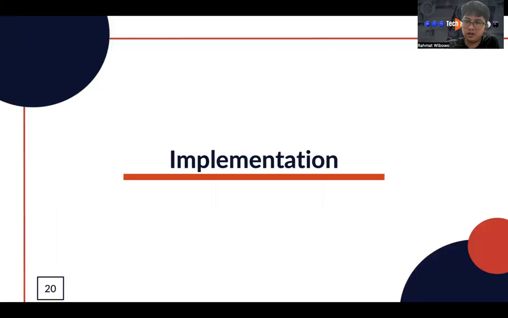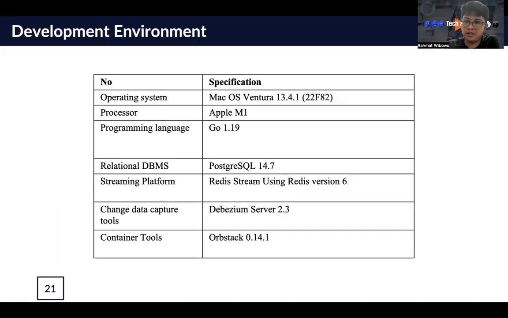So the next part is the implementation. For the development environment, I'm using macOS Ventura 13.4.1 with an Apple M1 processor, and using Go 1.19 as the programming language. For the DBMS, I'm using PostgreSQL 14.7.